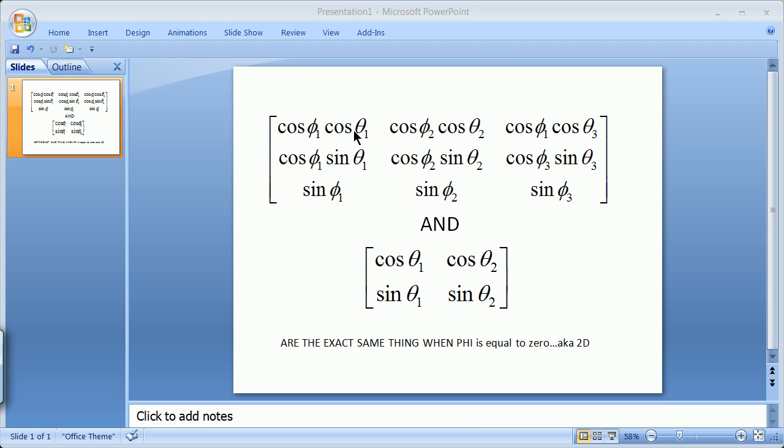If theta is the azimuthal and phi is the elevation angle, then this matrix describes a three-force concurrent system internals, and this does a two-force concurrent system internals.